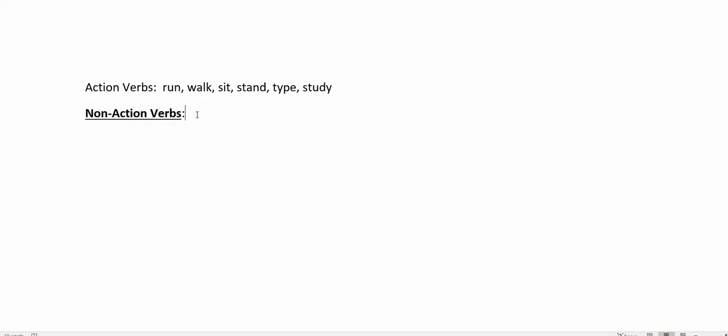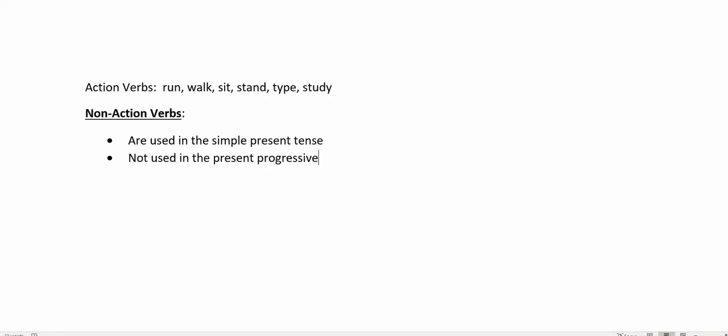All right? And the reason this is important is that non-action verbs are used in the simple present tense. They are not used in the present progressive. And this list of verbs is in your book on page 16.